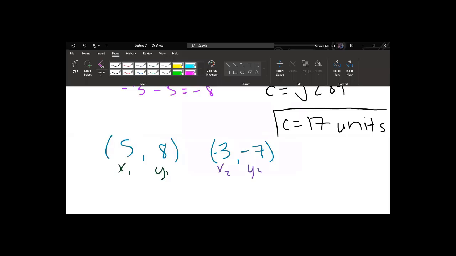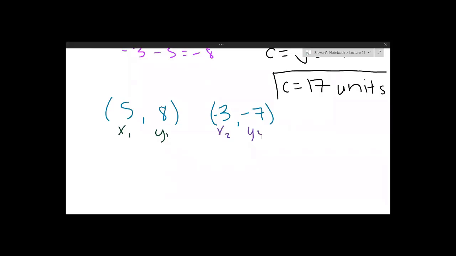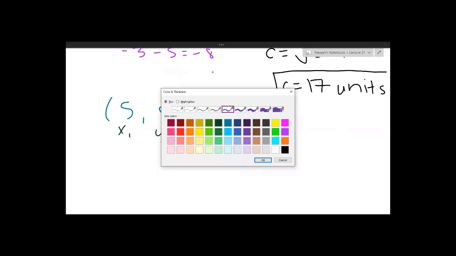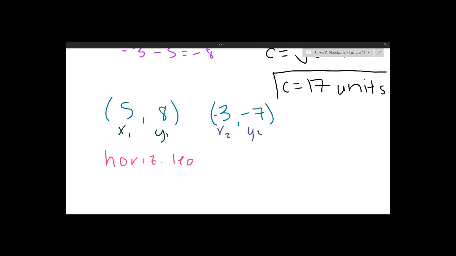And if you notice that for the legs of the right triangle that we formed by connecting those 2 points together diagonally and then vertically and horizontally, the horizontal leg, we can say this one would be A. We know that that equals x2 minus x1, which we found up there before.